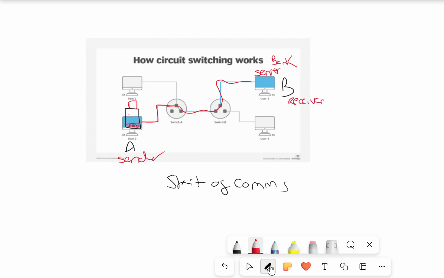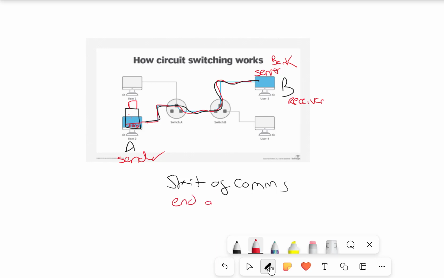The data is passed along this circuit. So I'm sending the transaction information like $4.99. This keeps occurring until the end of comms.